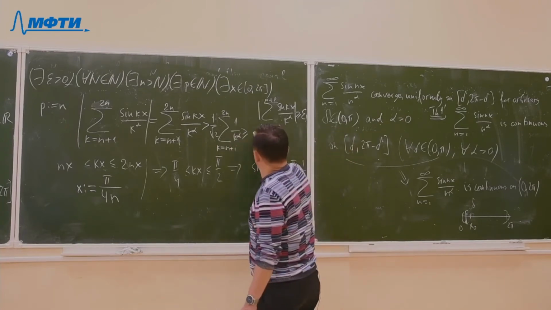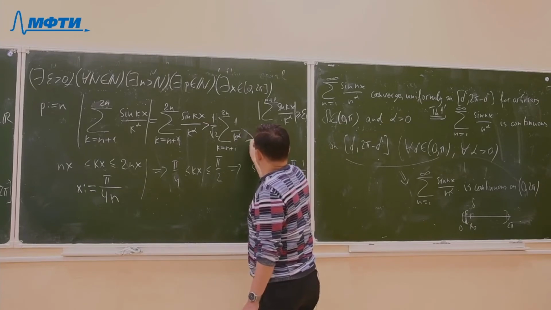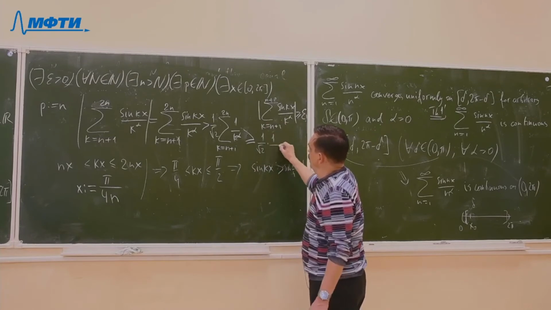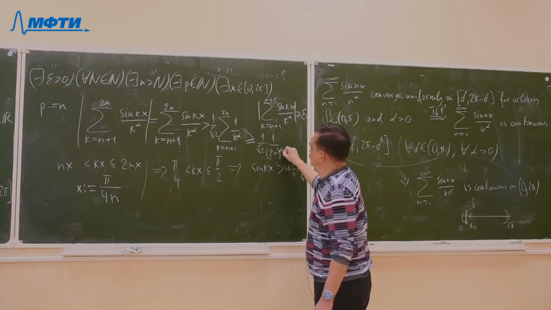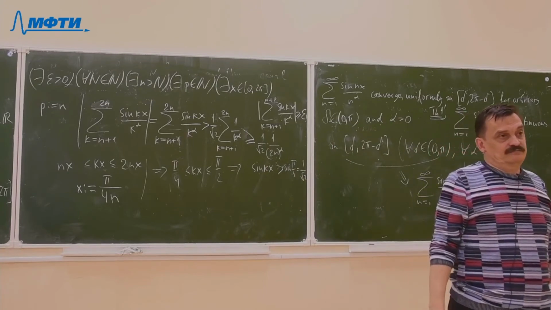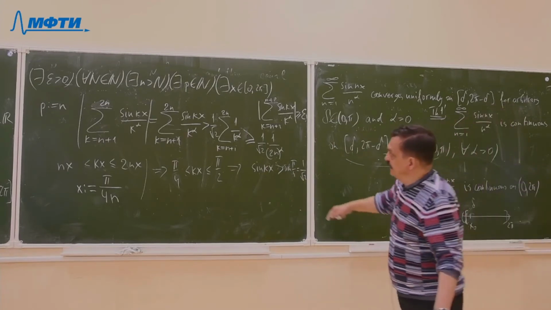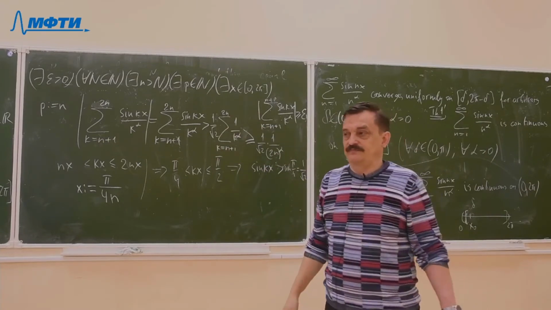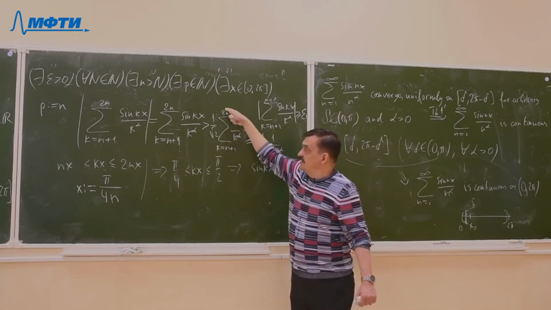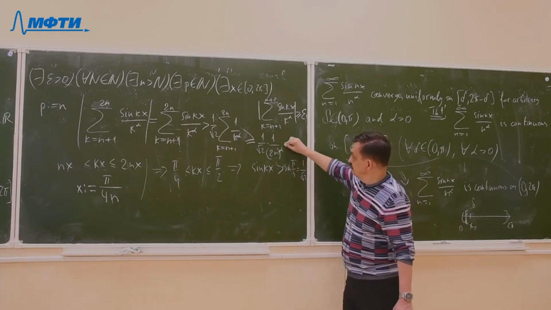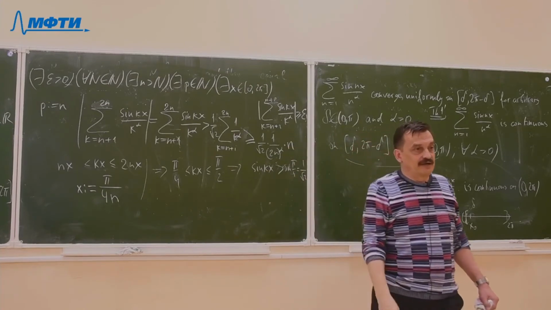So I have, let me write like that, greater or equal 1 over square root of 2 times 1 over 2n power alpha. I wrote the minimal term, right? So I replace every term of our sum by the minimum term. And then how many terms do we have? We have precisely n terms, right? So I should multiply by n.